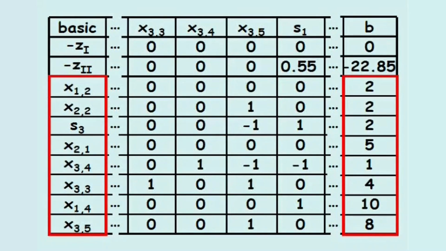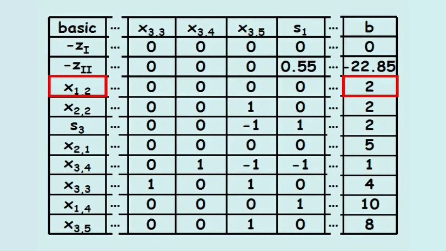The rightmost column indicates the values of the basic variables, which are in units of 100,000 cases, to be transported from Factory S to Warehouse D each month. For example, X12 equals 2.